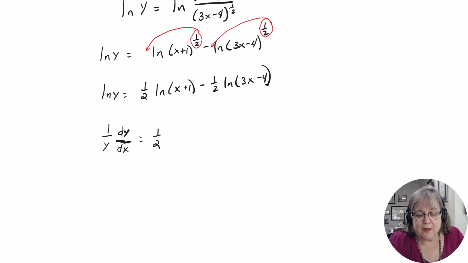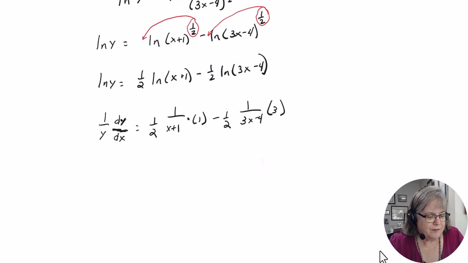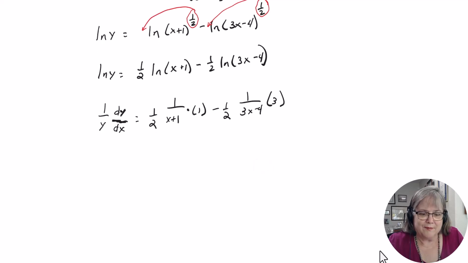The derivative of the natural log of x plus 1 is 1 over x plus 1 times the derivative of x plus 1, which is 1. You would normally write that down, but I want you to remember to do it, minus 1/2. The natural log of 3x minus 4, its derivative is 1 over 3x minus 4. Loop back in and take the derivative of the inside. Okay, you okay? All right.